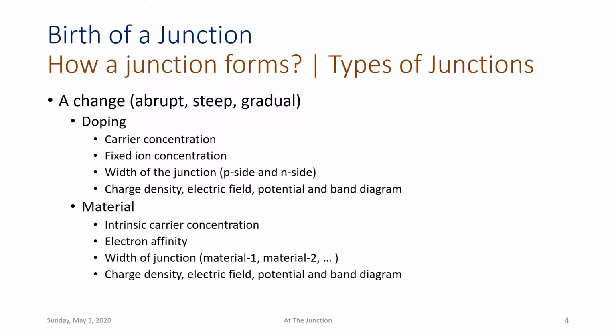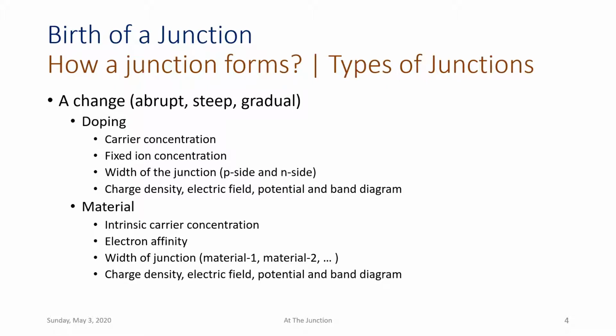The width of the junction would depend on the type of the material that we are using, and the relative permittivity of that material would play a role in the width of the junction. So the width in material 1 could be very different from the width of the junction in material 2.